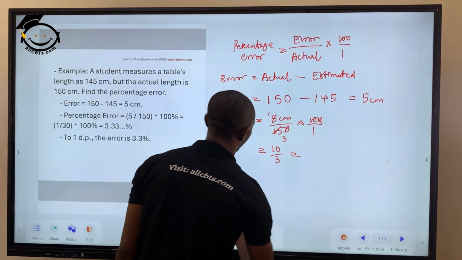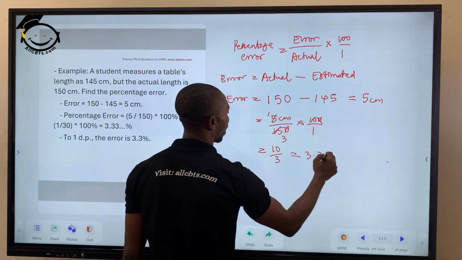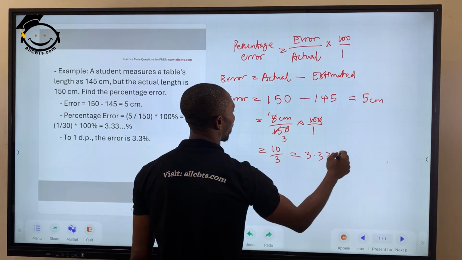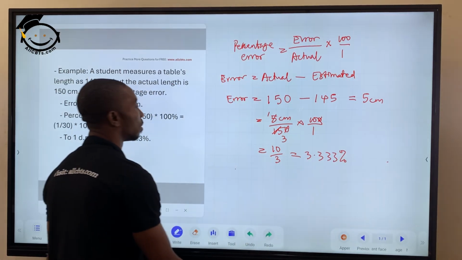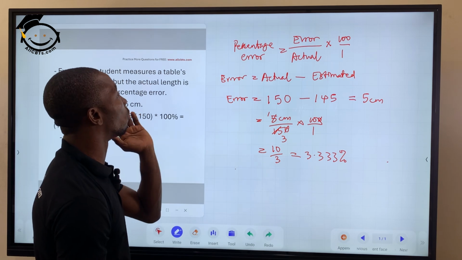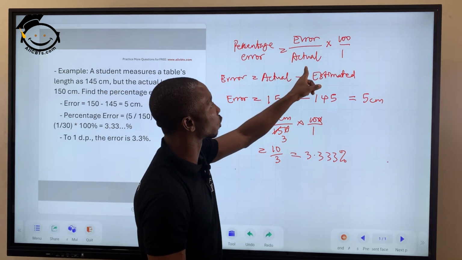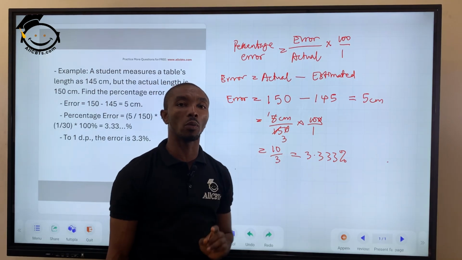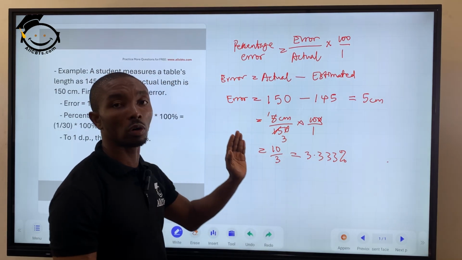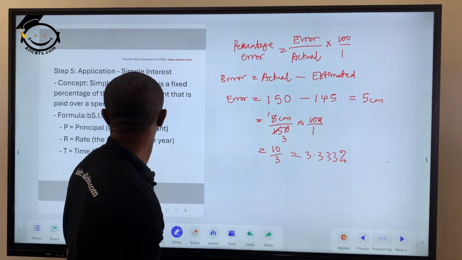Now, when converted to decimals, it will be 3.333%. Okay, so that's how to calculate your percentage error. Always remember that it's error over actual times 100 over 1, while to find your error is your actual minus the estimated value.